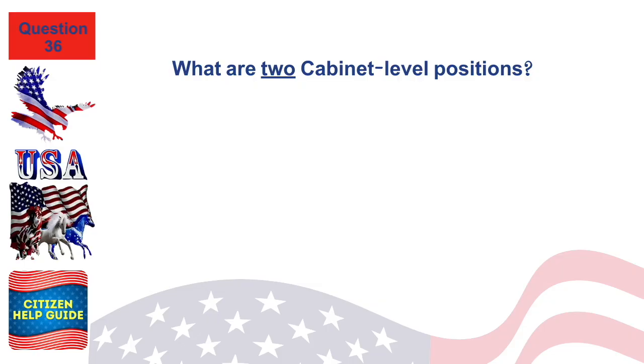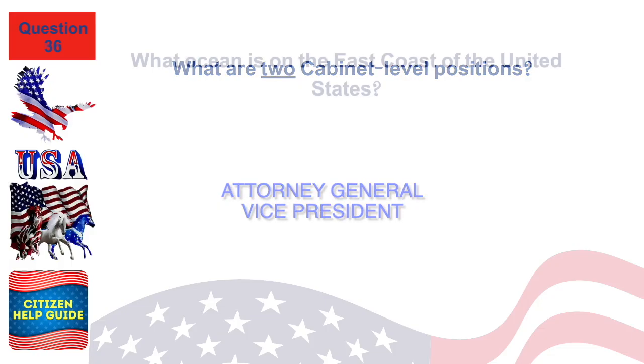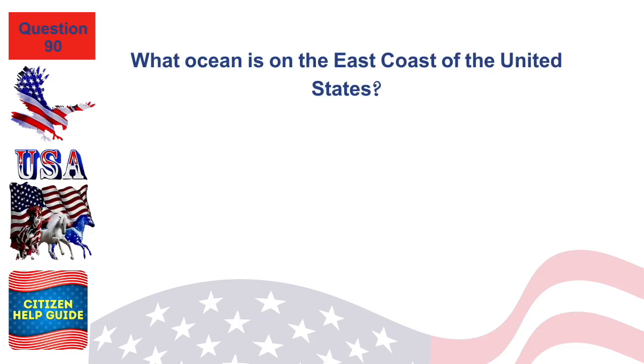What are two cabinet-level positions? Attorney General. Vice President. What ocean is on the east coast of the United States?